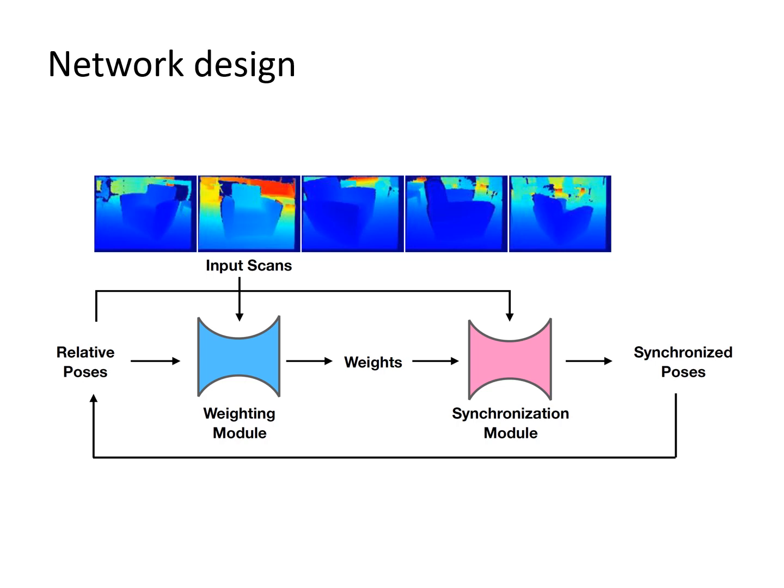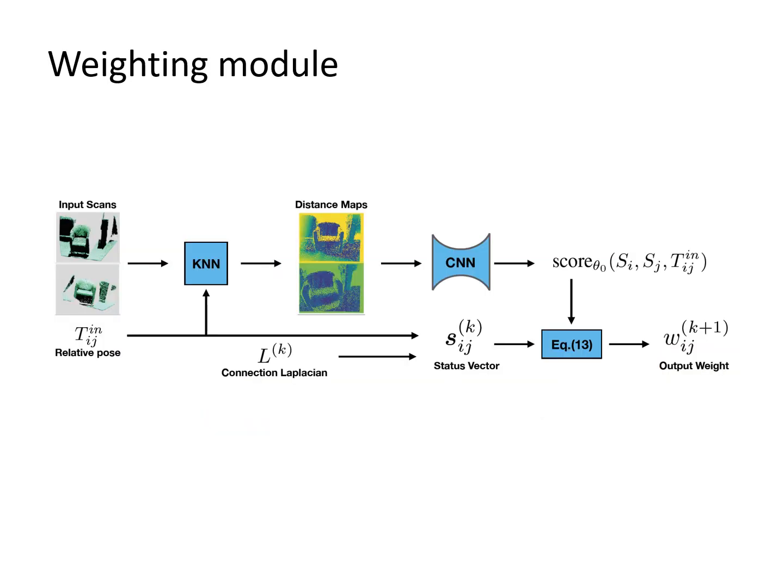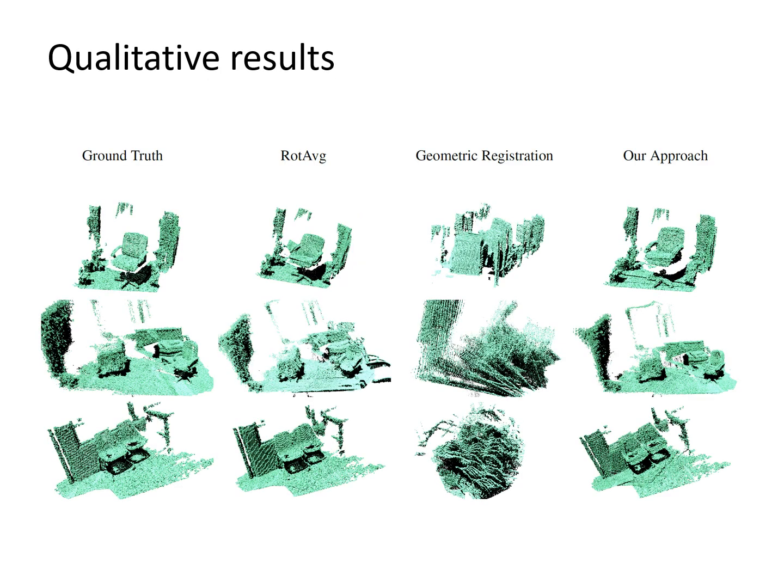The weighting module also takes global signals into account, for example the spectrum of the Laplacian. It combines multiple signals: the distances among the overlapping regions and global signals such as the eigenvalues of the Laplacian. We also have a few hyperparameters that combine those signals into a final score for each edge. We can learn this end to end.